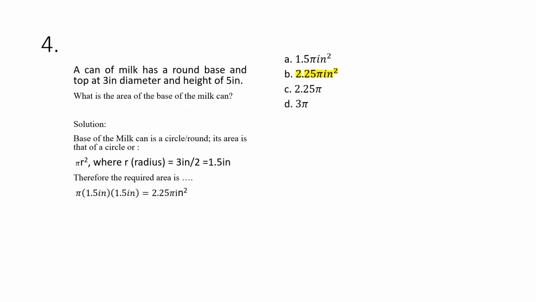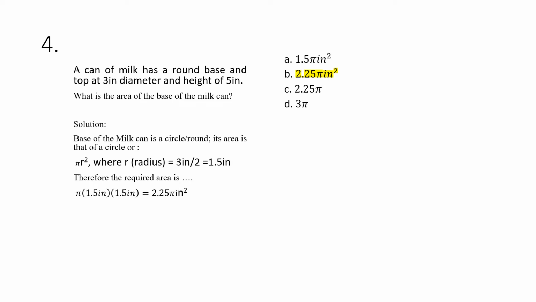For number 4, we are given that a can of milk has a round base and a top at 3 inches diameter and height of 5 inches. So to get the area of the base of the milk can, one will have to consider that the base would be a circle or that it is round.